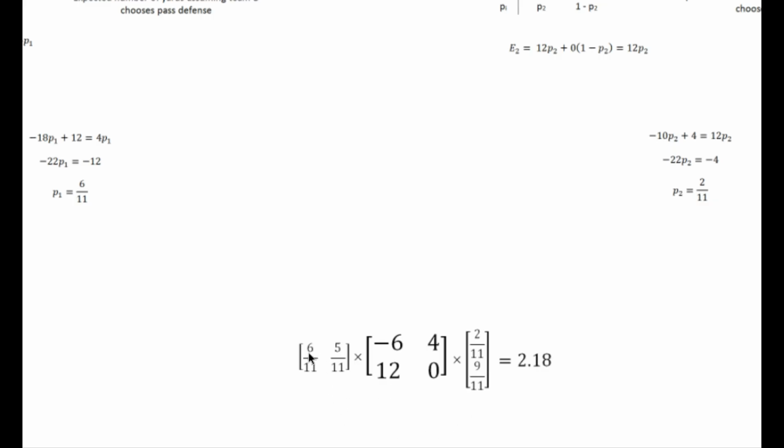We're multiplying probabilities times the values associated with those probabilities. And so what we get is what we would expect to happen if we were to do this an infinite number of times. Since all of the numbers are in terms of Team A, this tells us that on average we would expect Team A to gain 2.18 yards every play.